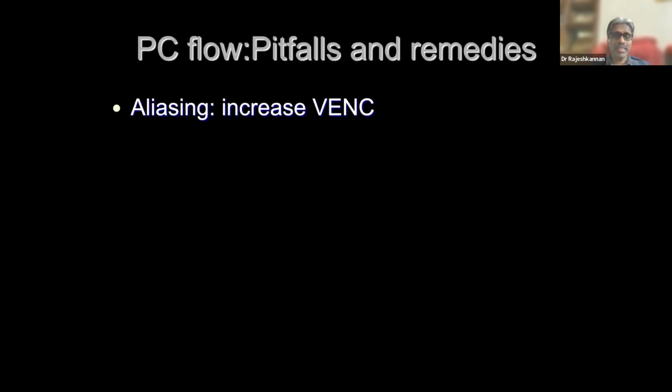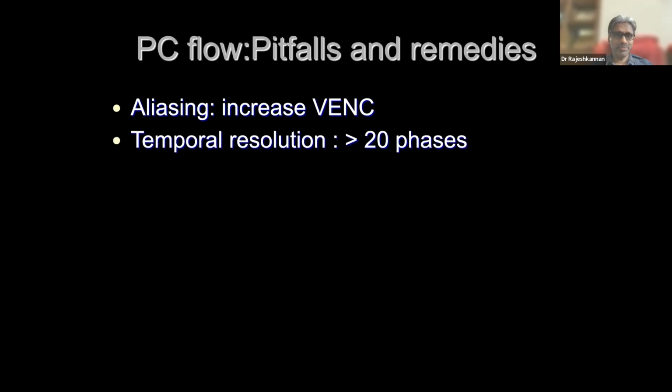So to summarize the different pitfalls and their remedies, first and foremost is the aliasing artifact, which can be easily corrected by just increasing the Venc. But as I told, we should not use the highest Venc. Try to use a Venc roughly 20 to 30% higher than the actual velocity, which will give you the most accurate flow information.